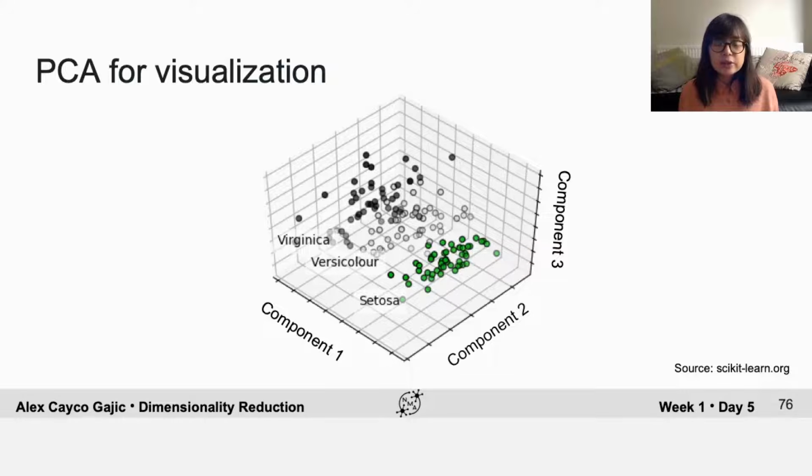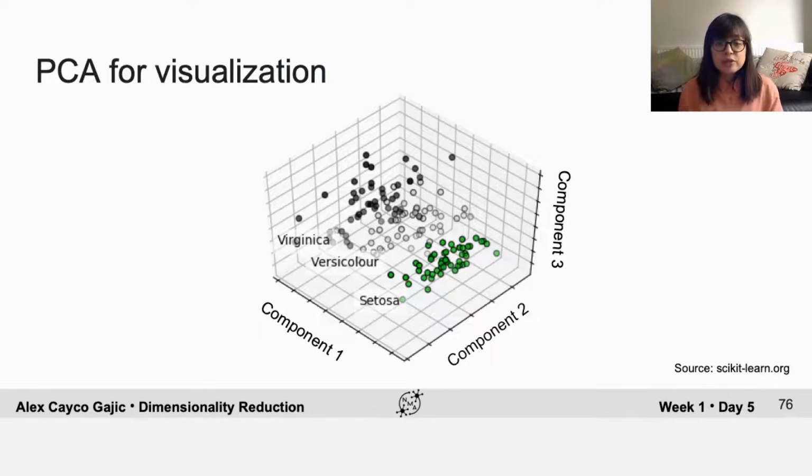This is another example of a very common machine learning benchmarking data set. This is the iris flower data set. Each sample corresponds to different measurements of a particular type of iris flower. And these are the three examples: virginica, versicolor, and setosa.